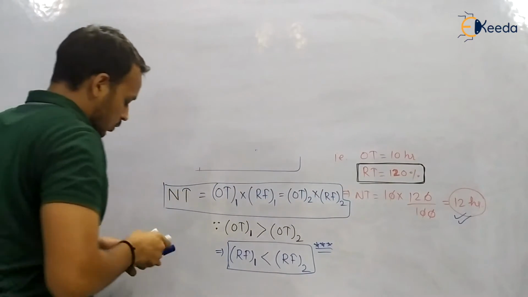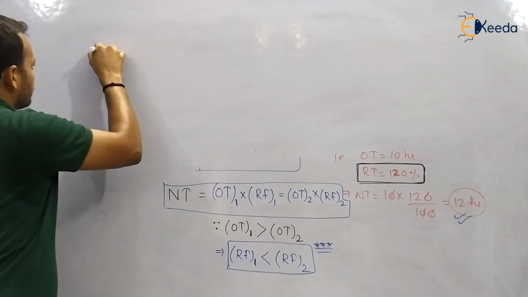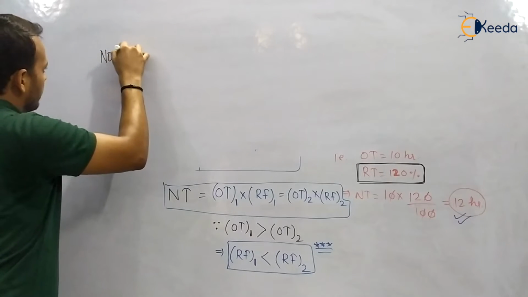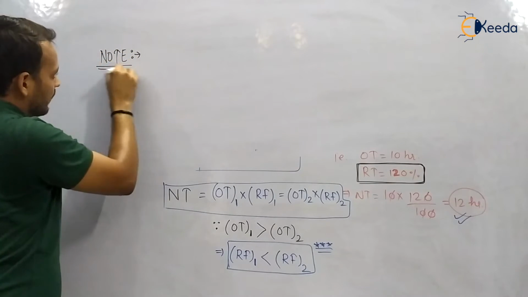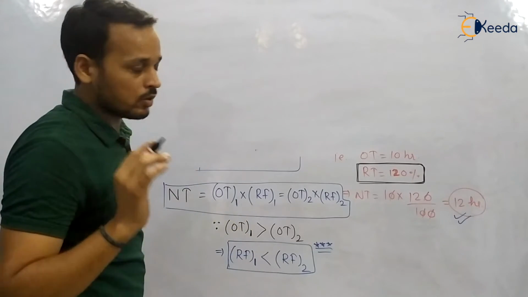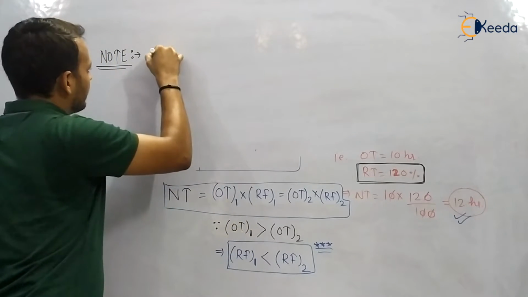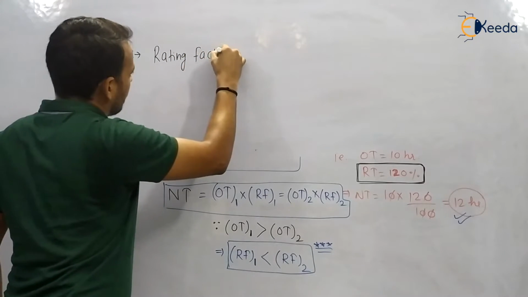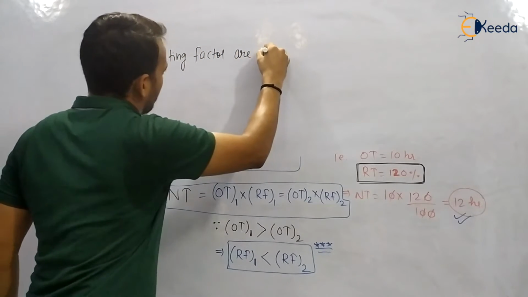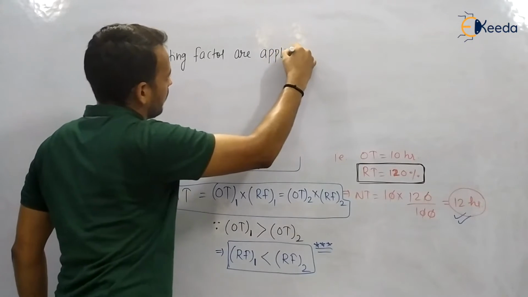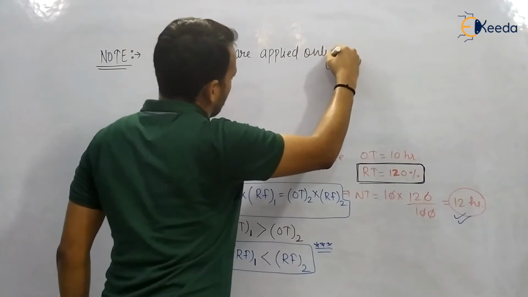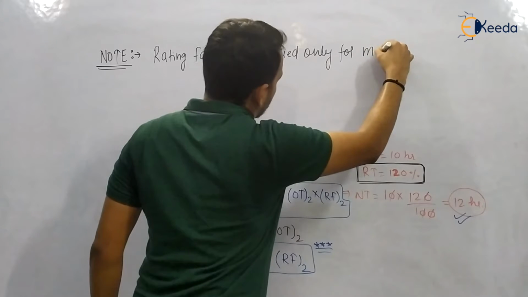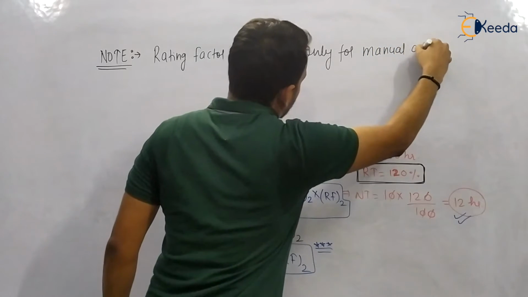One note is there: this rating factor is applicable only for humans. Rating factors are applied only for manual operations.